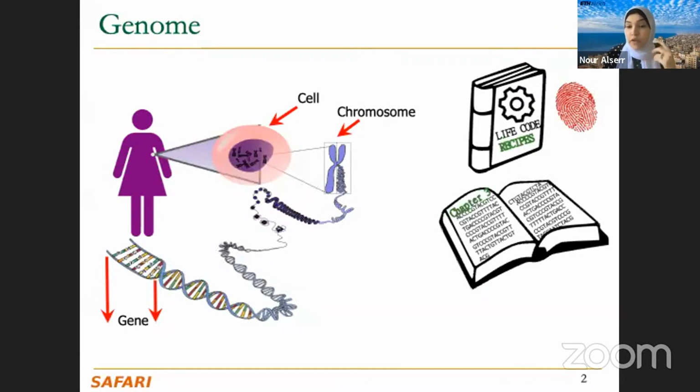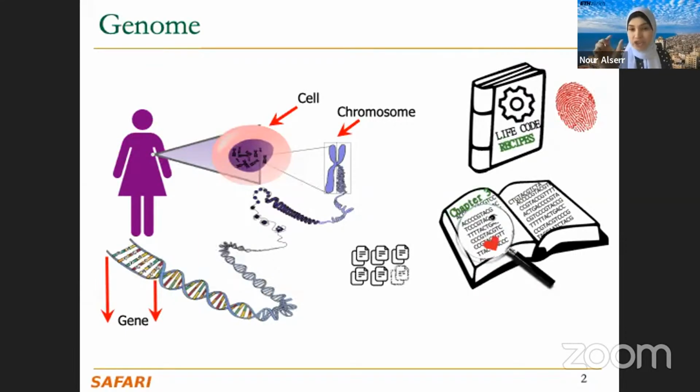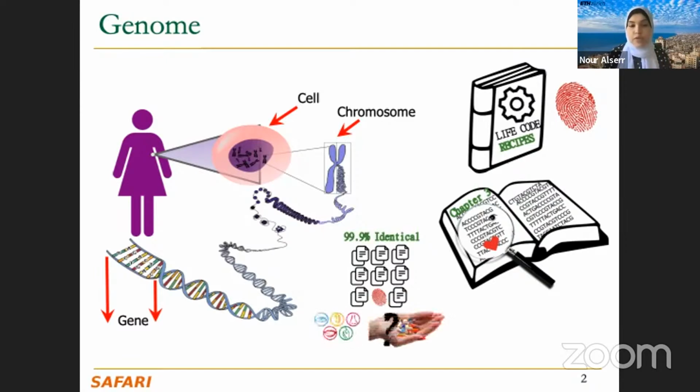Now we have gene codes for making eyes, for making hearts, and we all have these genes. In fact, we are 99.9% genetically identical across all humans, but we have 0.1% variations. So these variations between us make us unique. Unique in the color of eyes, unique in the height, also unique in response to medication, unique in predisposition to disease, and so on.